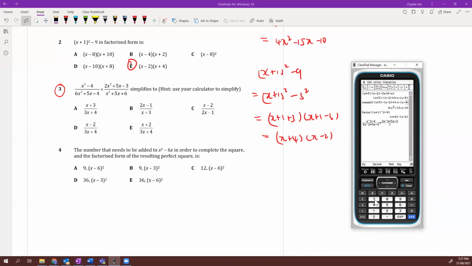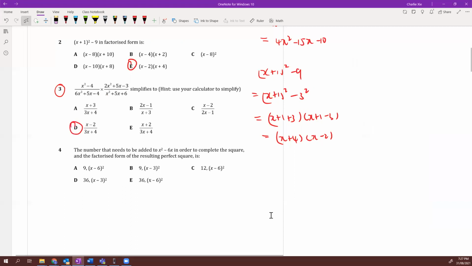The denominator is x squared plus 5x plus 6. Okay, all right, this one. When you're doing this multiplication, sometimes you can try SIMP first. SIMP stands for simplify. So click on simplify and you get your answer straight away. Okay, so x minus 2 over 3x plus 4.